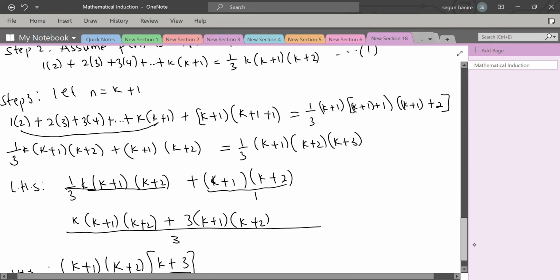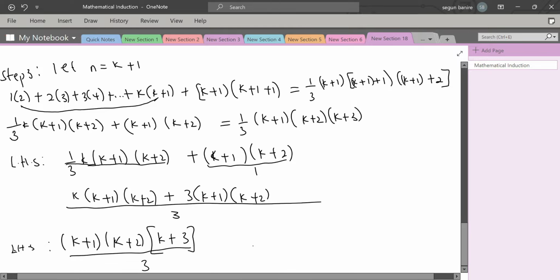So the right hand side is also equal to 1 over 3. It's actually the same as this, let me just write it for formalities. So this one is the right hand side. What we are saying is that the left hand side is now equal to the right hand side.